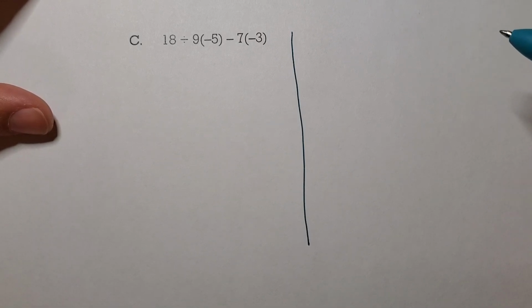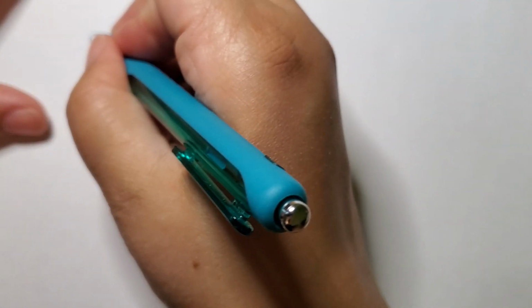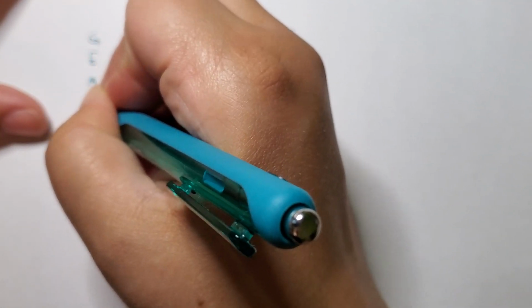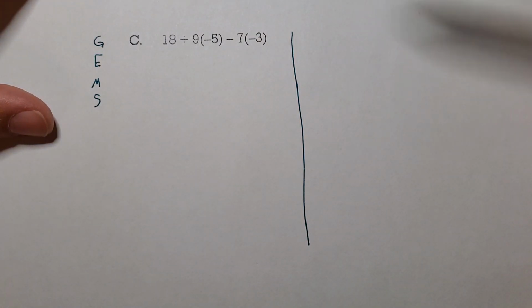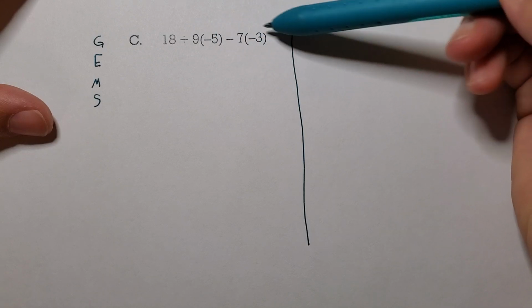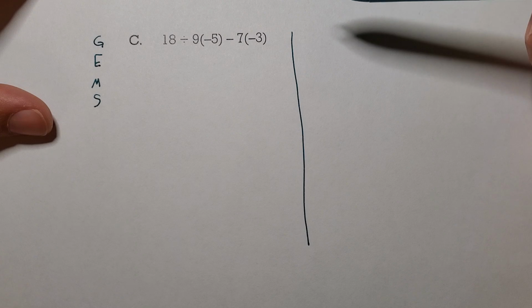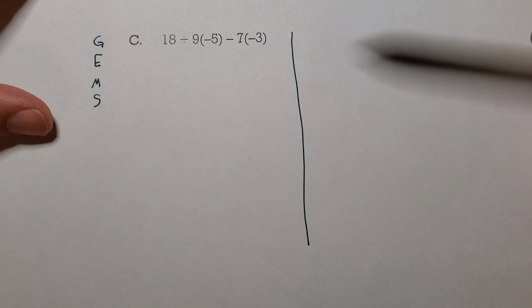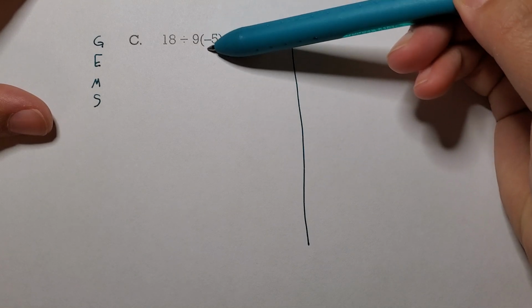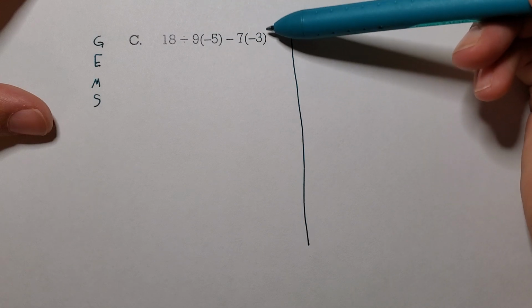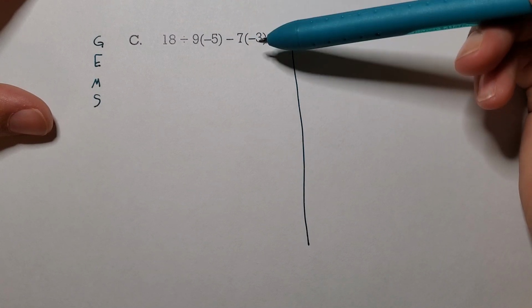Now, there are parentheses. So remember, with our grouping symbols, we do have some grouping symbols of parentheses written, but they're not being used to group an operation. They're being used to group a number. So we just have a -5 here, and we just have a -3 here. There's nothing inside.